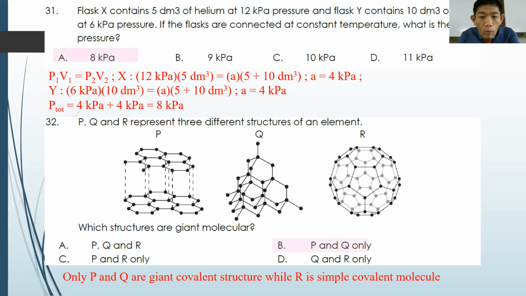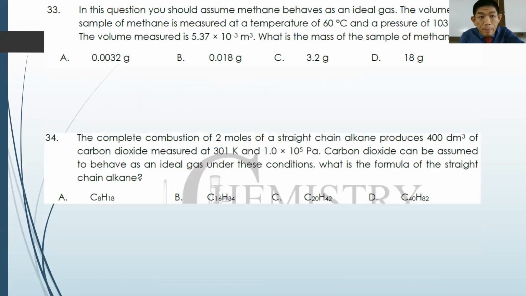While R, because it is a hollow ball sphere, contains a maximum of 60 carbons, so it is not a giant covalent. While P is a paper sheet-like structure held by many carbon atoms, so that is why it is also considered a giant structure. So P and Q are giant, while R is not. Okay, so therefore the best answer in here is B.